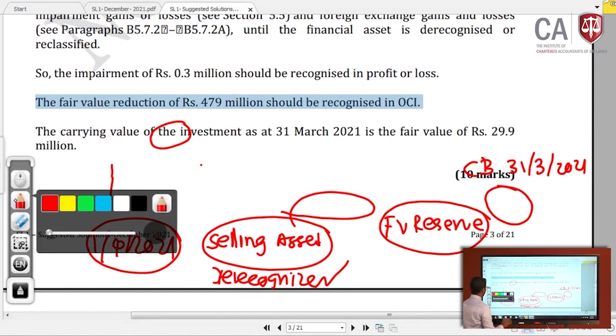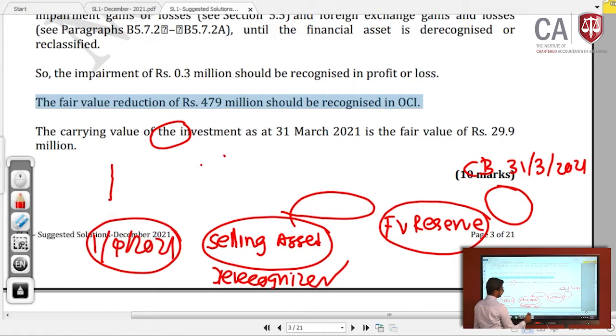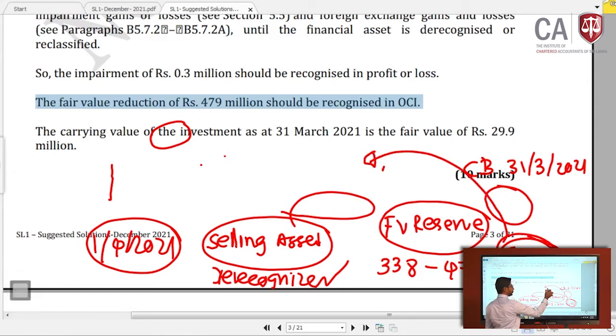You have the fair value reserve of 338, first year it was a gain and second year it was a loss, and we compute the amount, 338 less 479, and it is 141 loss, a fair value loss. So what you have to do with this fair value loss, because there is a fair value reserve, minus fair value reserve, that you can transfer to P&L.